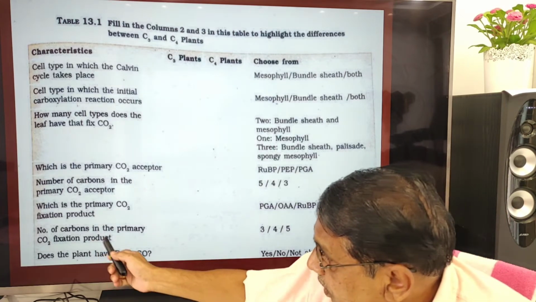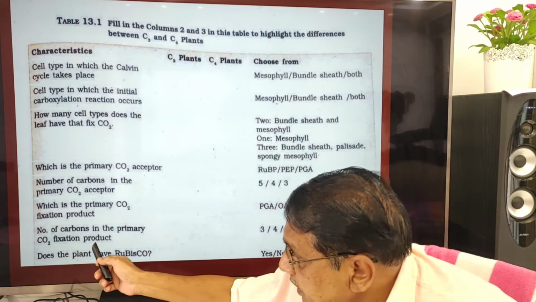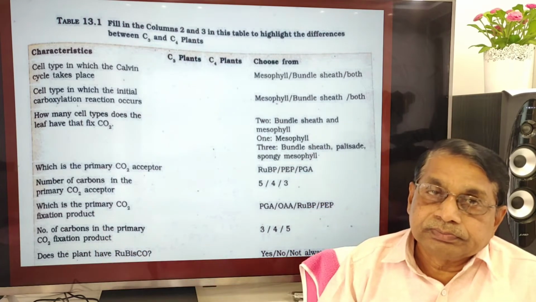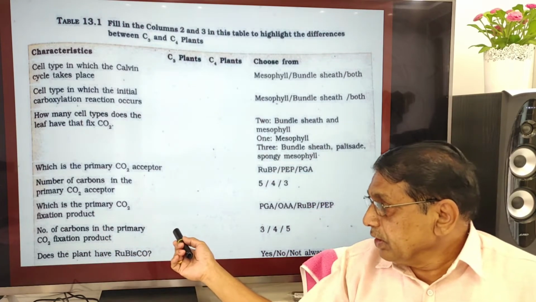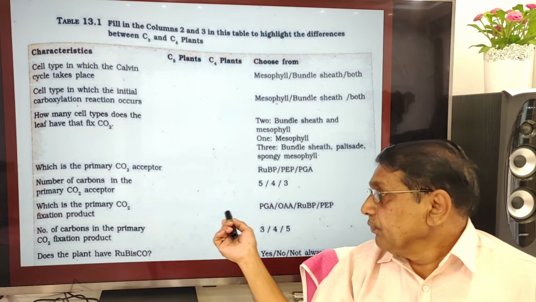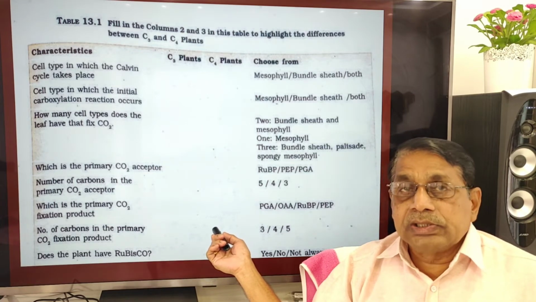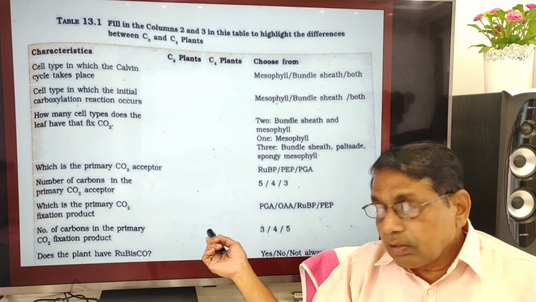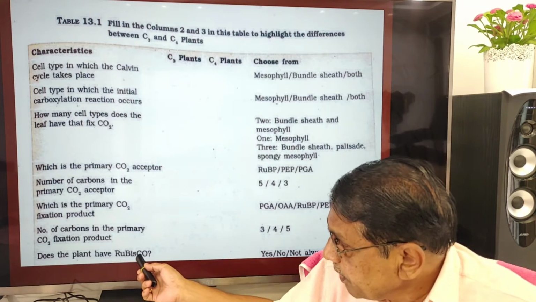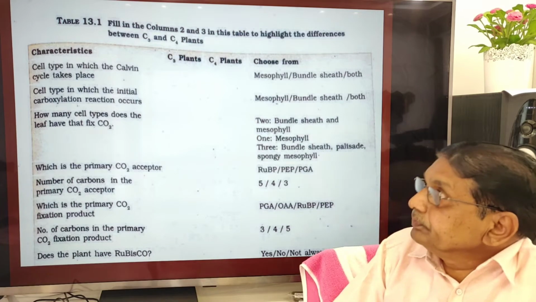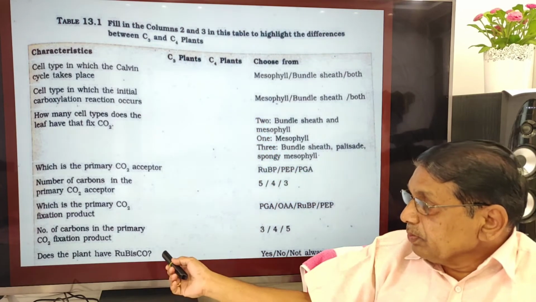Then the number of carbons in the primary carbon dioxide fixation product. Here 3, here 4. In C4 plants, OAA or malic acid contain 4 carbon atoms. Does the plant have rubisco? In C3 plants, rubisco present.